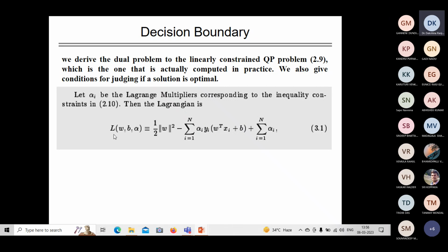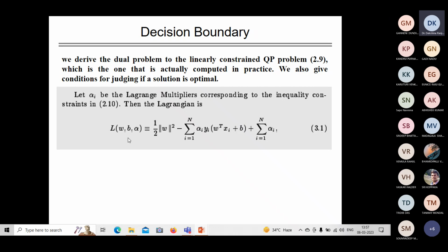Now, as I said, we have to minimize w and maximize the bias. Therefore we have to find the gradient. We have to optimize this Lagrangian expression in terms of w and b.